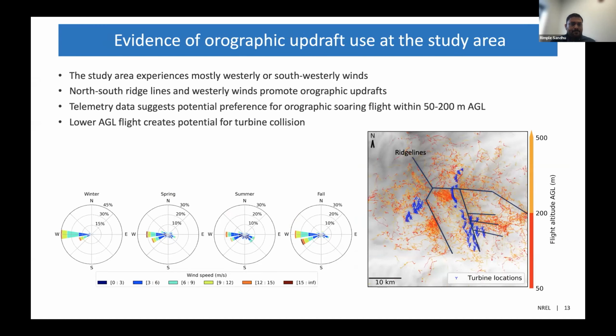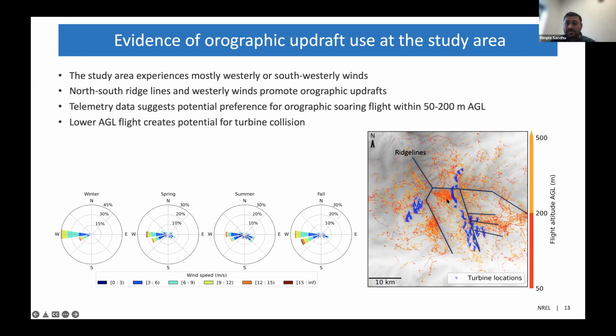On the right, I'm showing the telemetry data that we have for this 50 by 50 kilometer region. These are tagged golden eagles that are moving, and their movements are captured by the GPS unit. I'm only showing the low altitude flight. One thing we can notice here is that the red and orange regions are always on the western or southwestern side of the ridges.